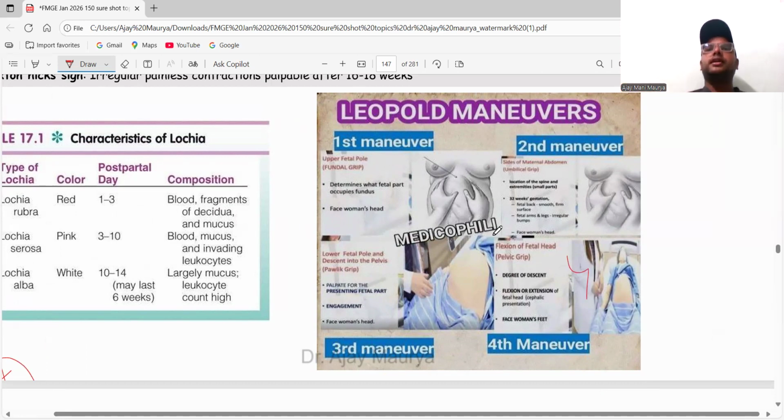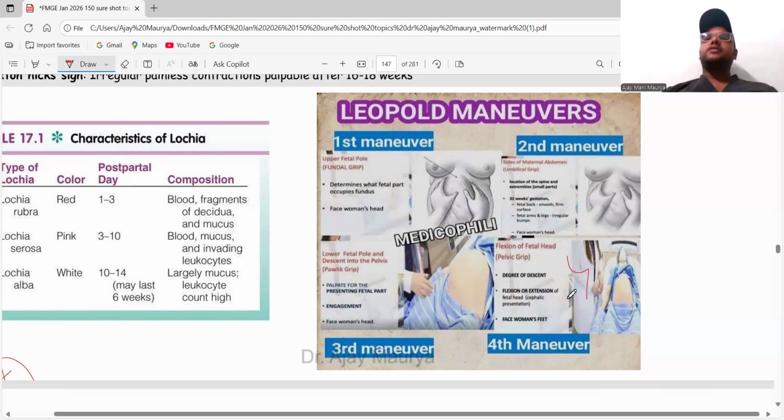The first one is the fundal grip, then the umbilical grip, the Pawlik grip, and the pelvic grip. The fundal grip determines the fetal part, either the occiput or the breech. For the others you face the patient's head, but for the fourth one you have to face the patient's feet.